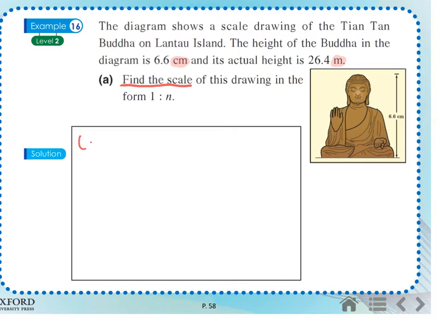So first of all, how do we form the scale? Let's recall the formula of the scale. It's the distance in the map or distance in the drawing, the drawing distance over the actual distance.